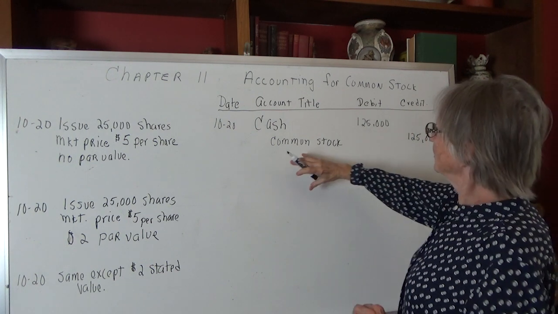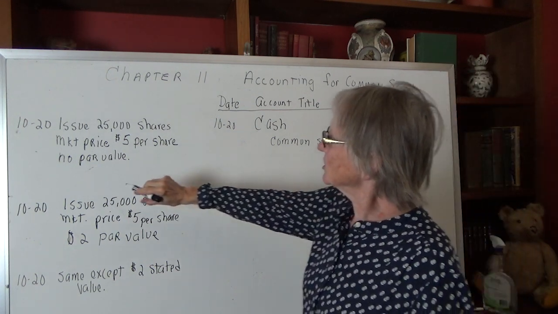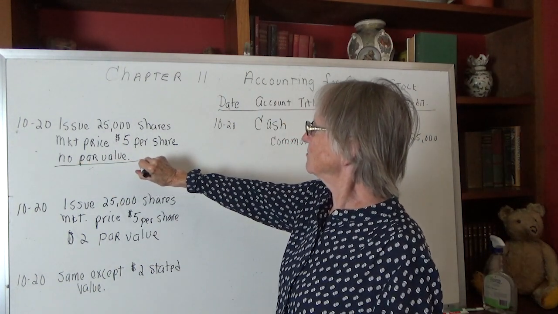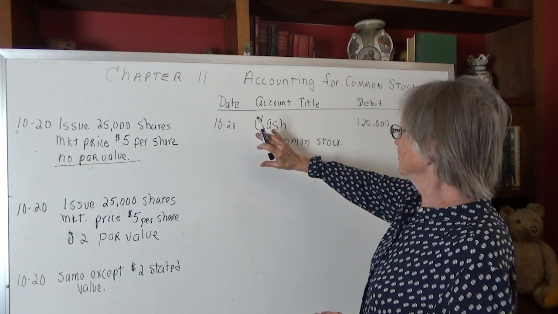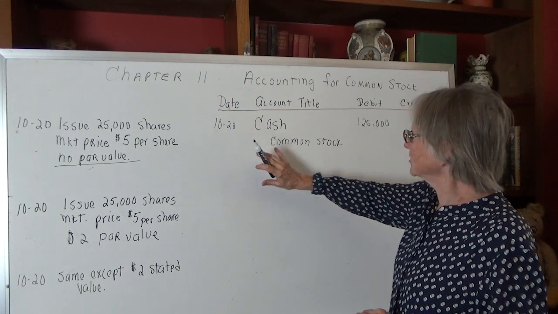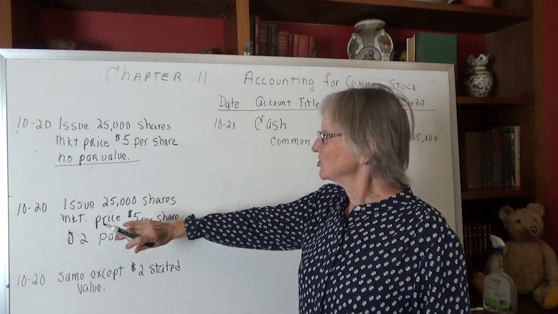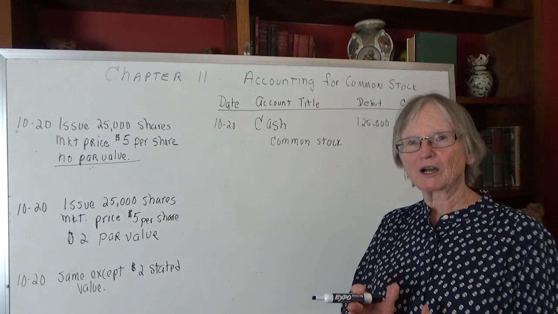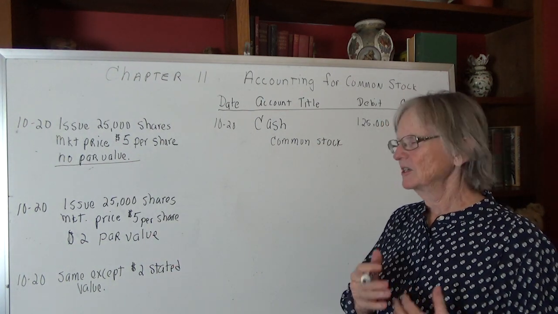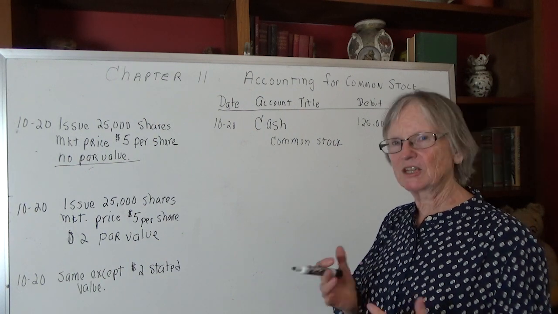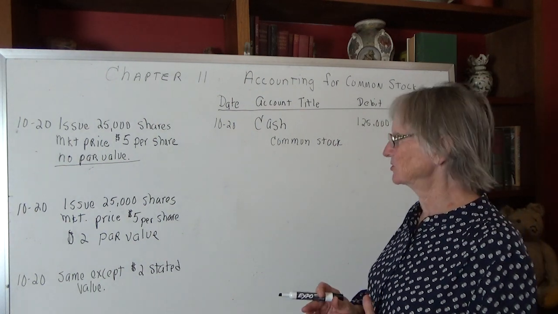And we're going to attribute all of that to common stock because this has no par value. So that means that it's a very simple transaction, cash, common stock. This is not going to be your usual journal entry. Generally, the stock will either have par or stated value. And so we have to take that into consideration when we do the journal entries.